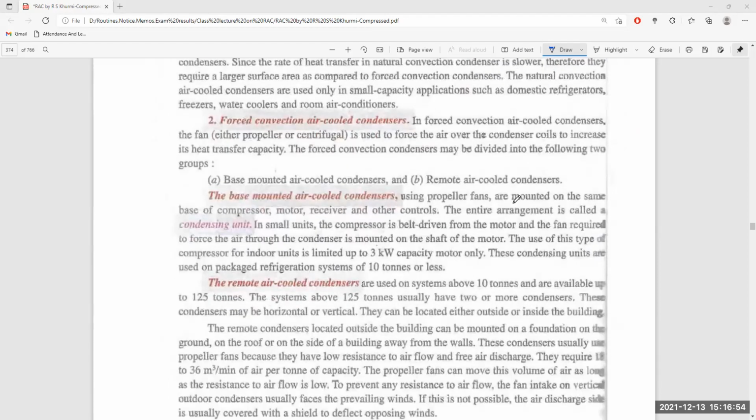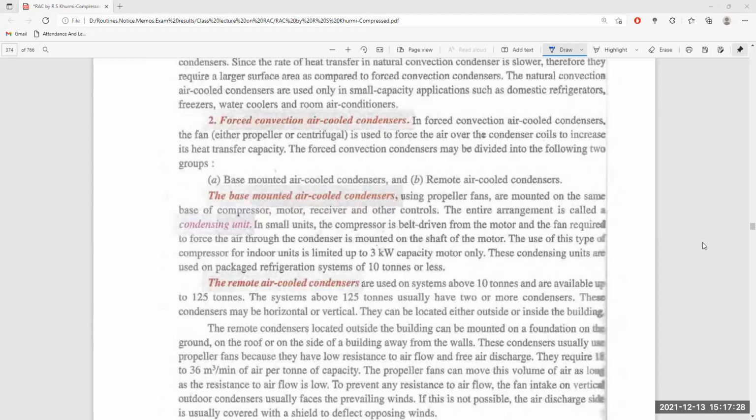A base mounted air-cooled condenser. These propeller fans are mounted on the same base as the compressor, motor, receiver, and other controls.